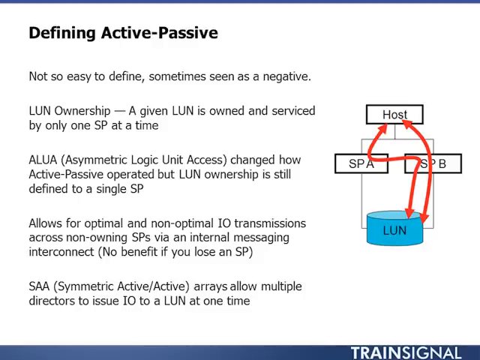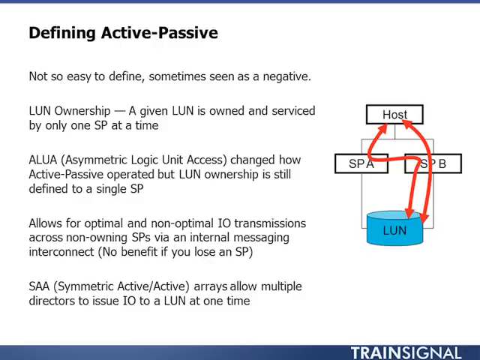Then the host can access that LUN that is owned by SPB via SPA across that internal messaging interconnect between A and B. So its path to that LUN is really host to SPA, from SPA to SPB, then down to the LUN. So LUN ownership never changes hands with ALUA in play.